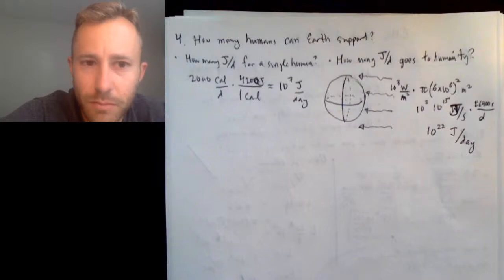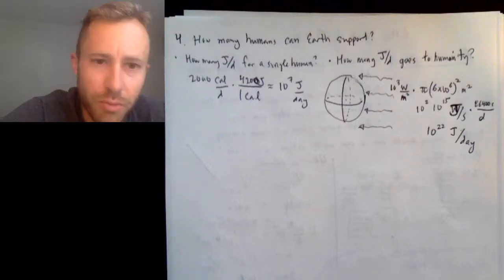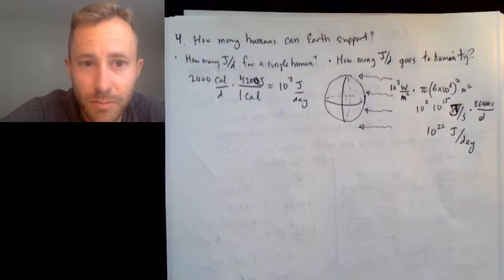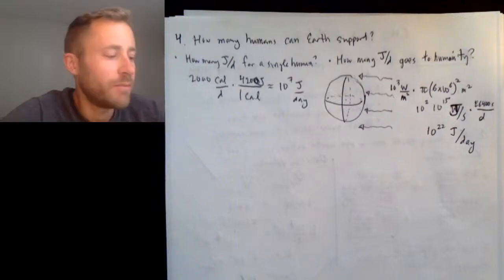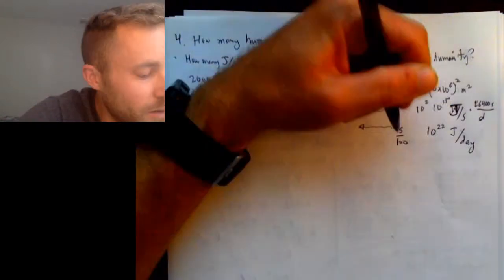Okay, and I would say that those primary producers might be covering, I don't know, 5% or so of the Earth's surface. Probably less than that, but I would say maybe 5%. So 5 out of 100. All right.